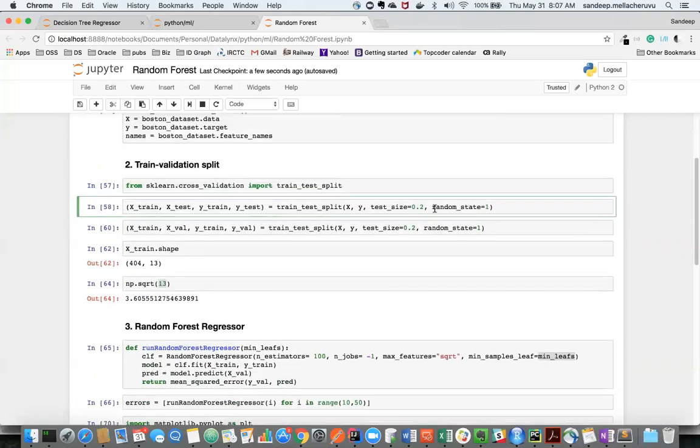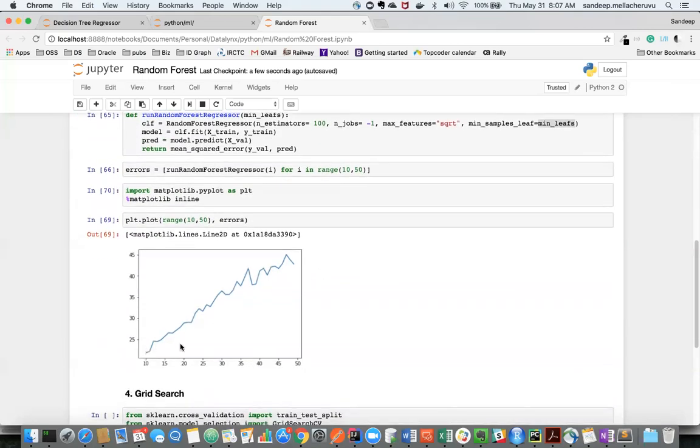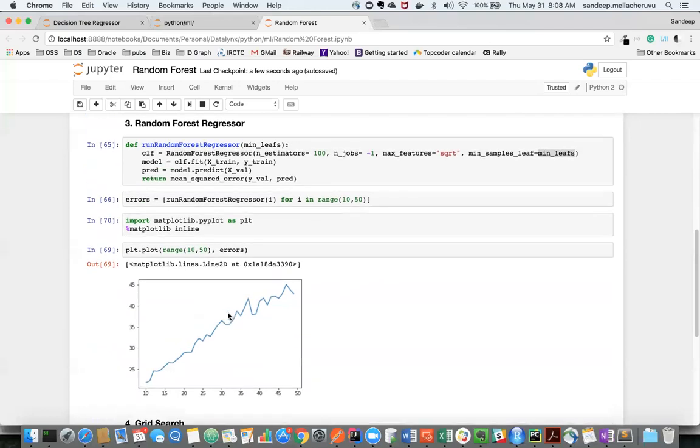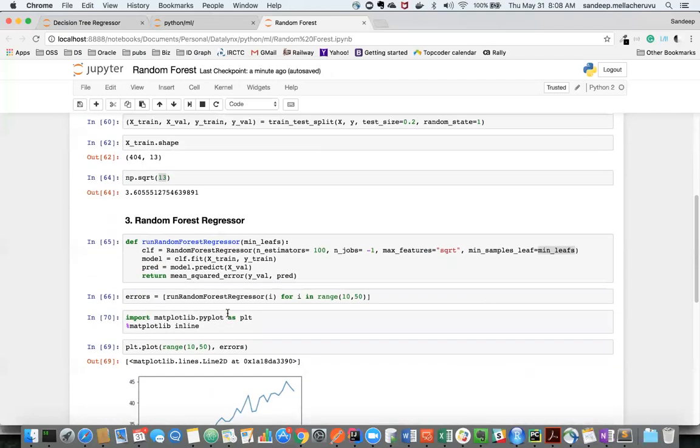But what I would like you to answer is, remove this random state, or instead of removing, you can try out different random states and tell me if there is considerable change in this graph. Is this graph changing too much? If it is changing slightly, I am fine. My question is, is it changing too much? Is that clear?